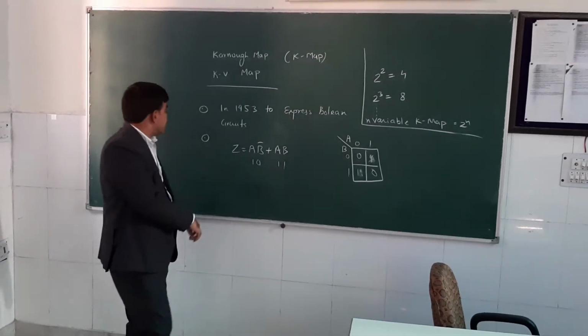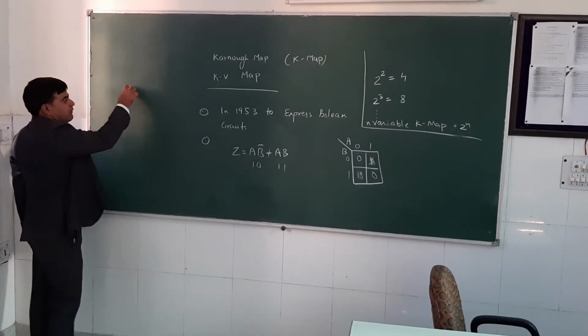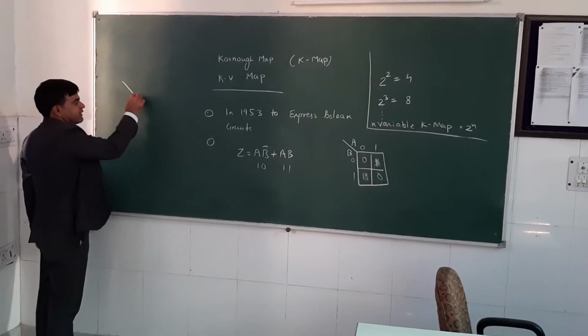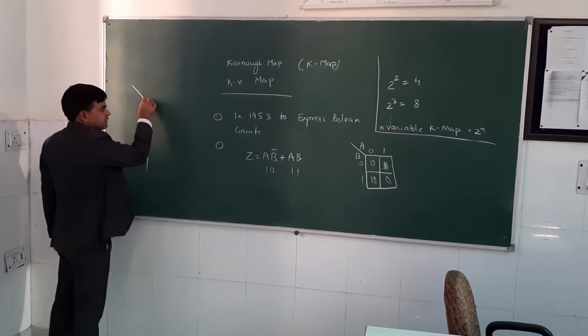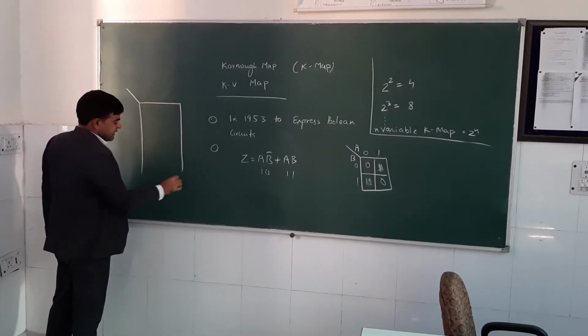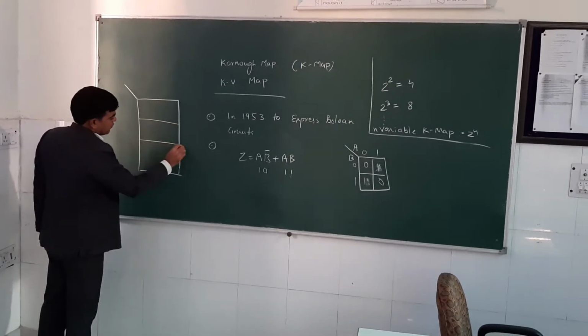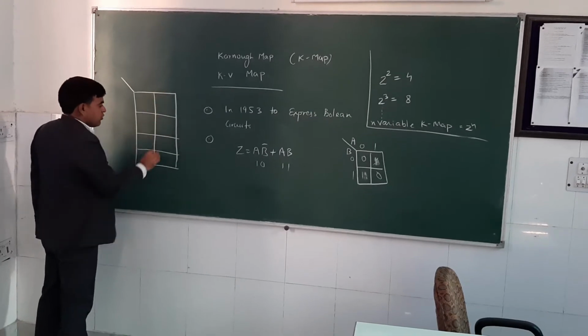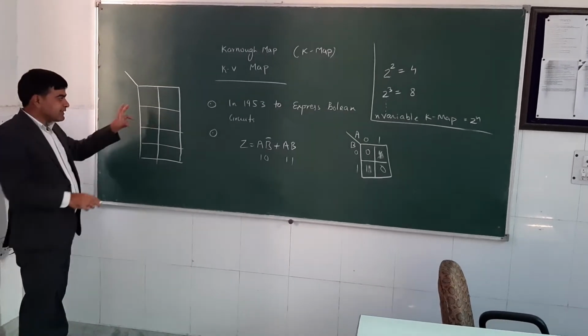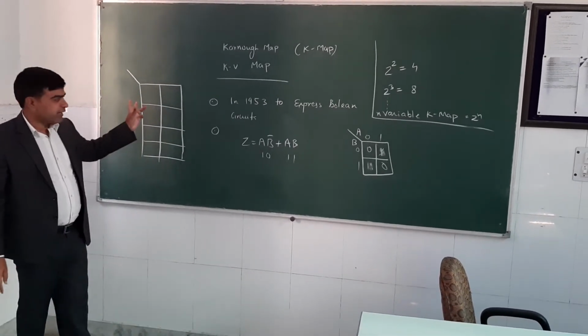Like I will show you here in the three variable K-map. If we have a three variable K-map, we have 8 cells. I can write this horizontally, and I can write it vertically also.